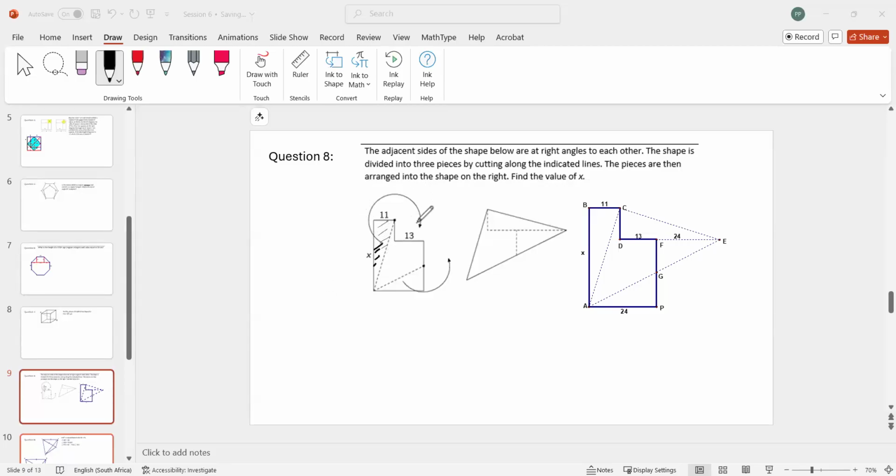And it's turned around like this and placed here. Right. So if this triangle is cut out and stuck here in the corner along this line here, you see? It's stuck here. So what it means is that this part here is 11.